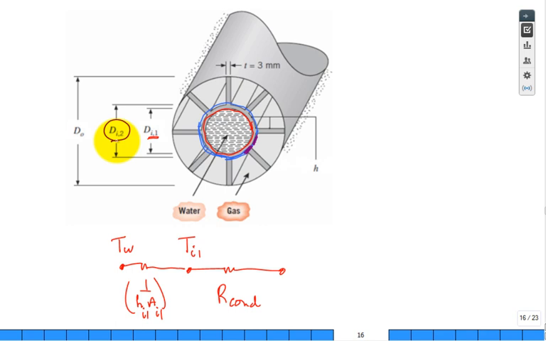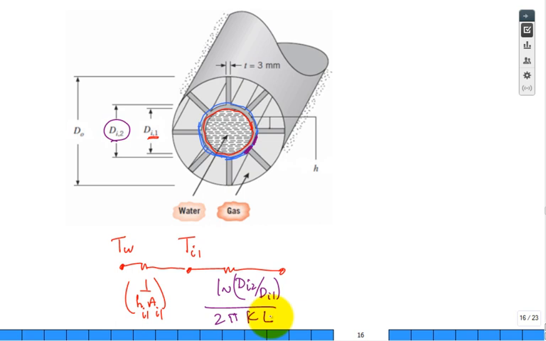Okay. So somebody says, what's my model for the conductive resistance through that? Well, you would say, oh, the natural log of Di2 divided by Di1, divided by 2 pi kL. Where did that equation come from? Pardon?